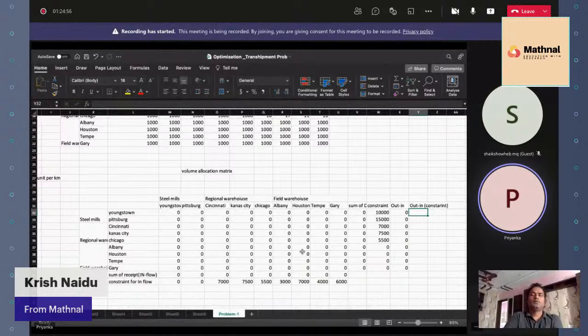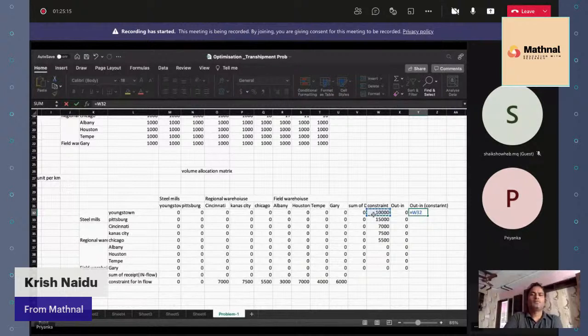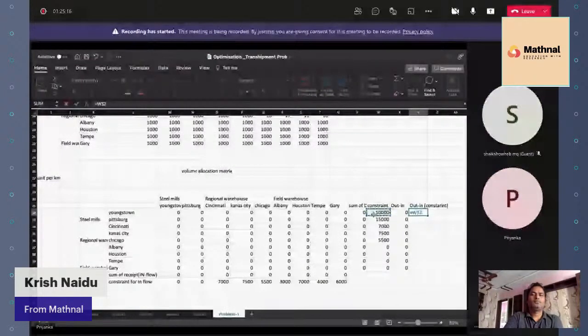Click on the out constraint. 10,000 minus the in constraint. Youngstown to Youngstown. Enter. Same further.